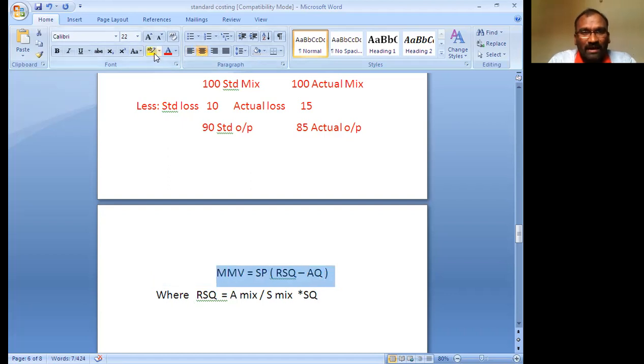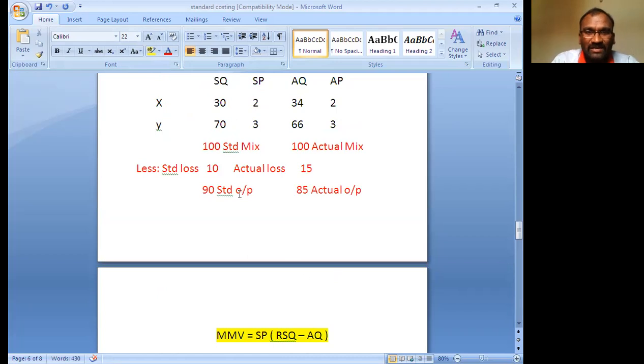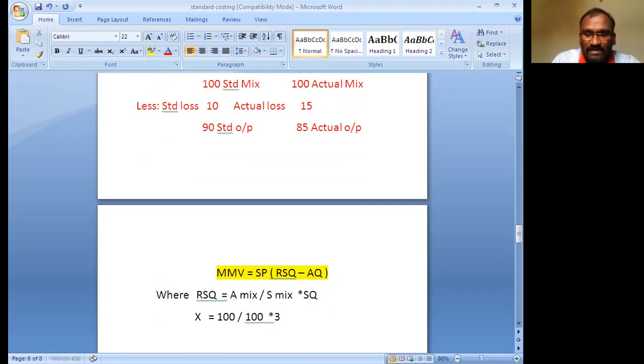In the revised standard quantity formula, it is actual mix divided by standard mix into standard quantity. First you calculate the revised standard quantity of X. Actual mix is 100, standard mix is also 100. Now you multiply by the standard quantity. The standard quantity of X is 30 units given in the problem. So finally you get 30.